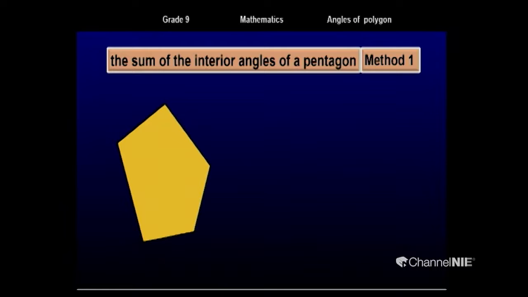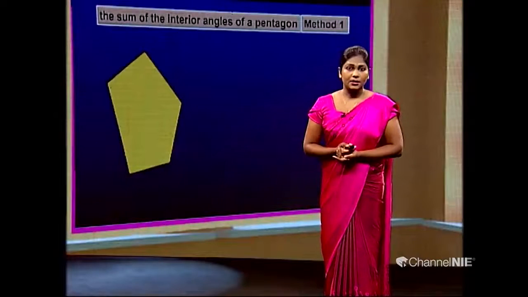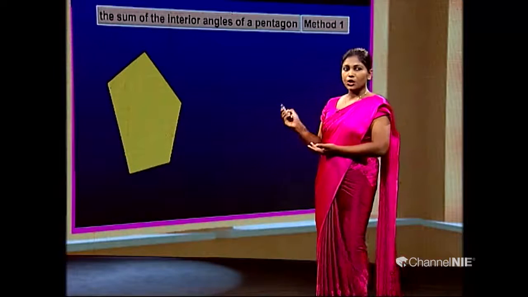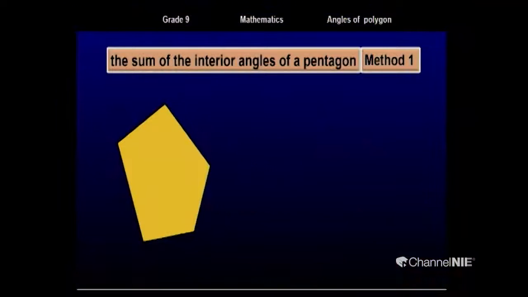Children, now there are two methods. Now you can see the yellow pentagon. Here the number of sides is equal to 5. Now I take a point inside this pentagon and join lines from this point to the vertices.